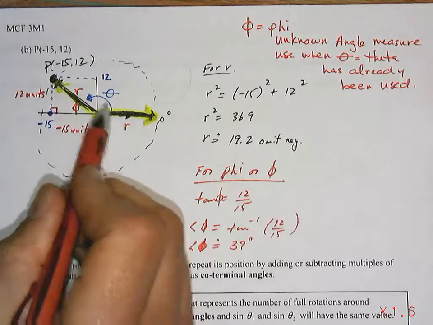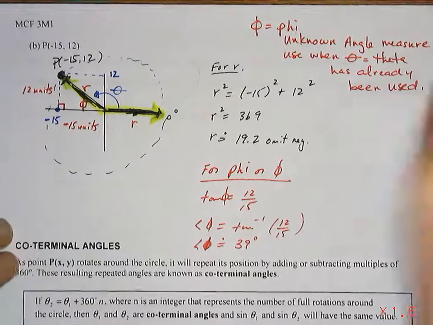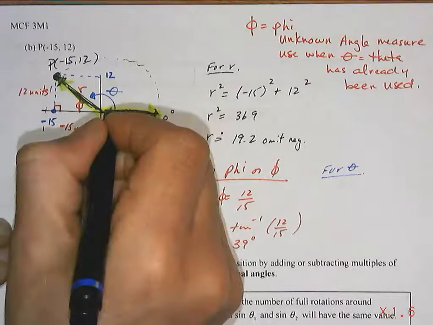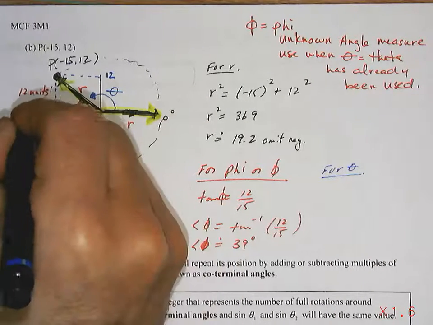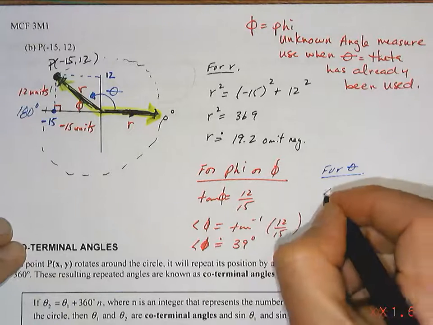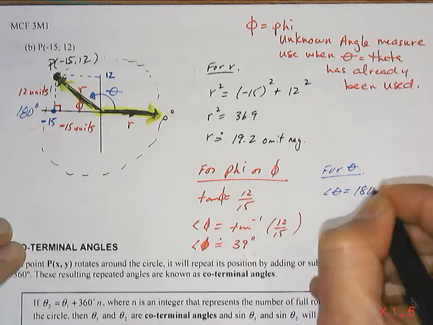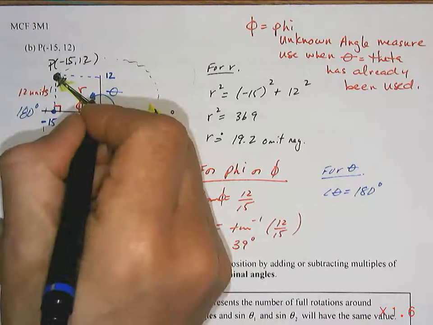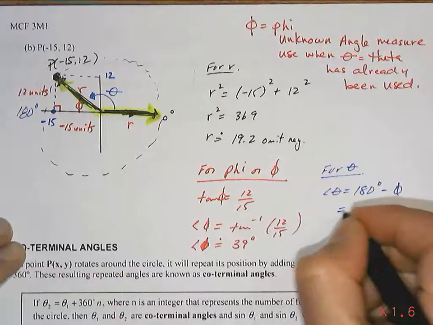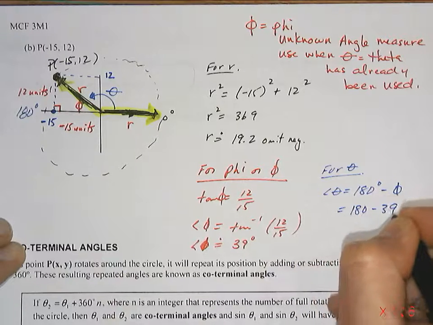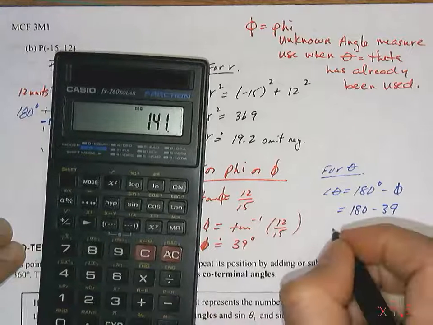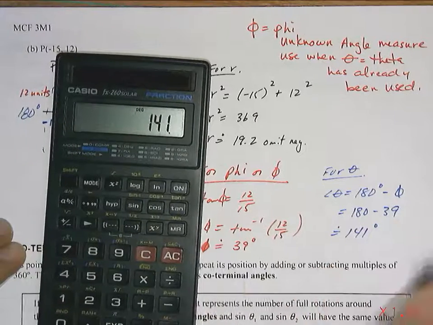Theta is this guy. To get theta, what we do is we notice that if I had gone all the way around to here, then that would be 180 degrees rotation. But I didn't. I only went up to here. How much did we miss? We missed 39 degrees rotation. So that's going to give us an answer of approximately 141 degrees rotation.